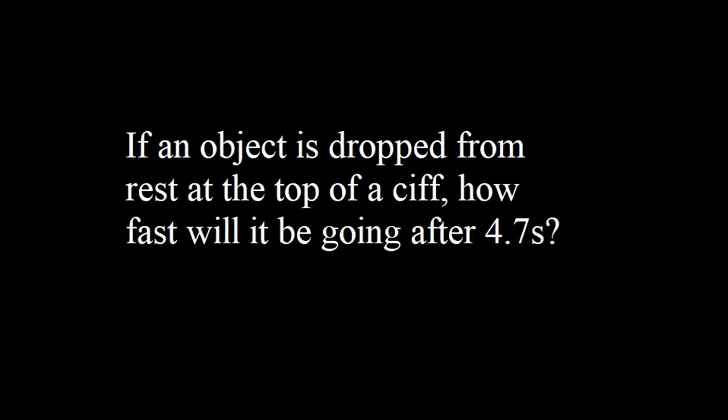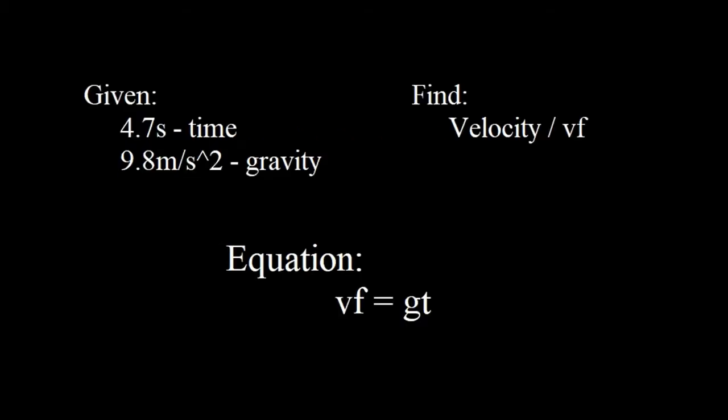If an object is dropped from rest at the top of a cliff, how fast will it be going after 4.7 seconds? So first, let's write our given. 4.7 seconds, time, and 9.8 meters per second squared, gravity.